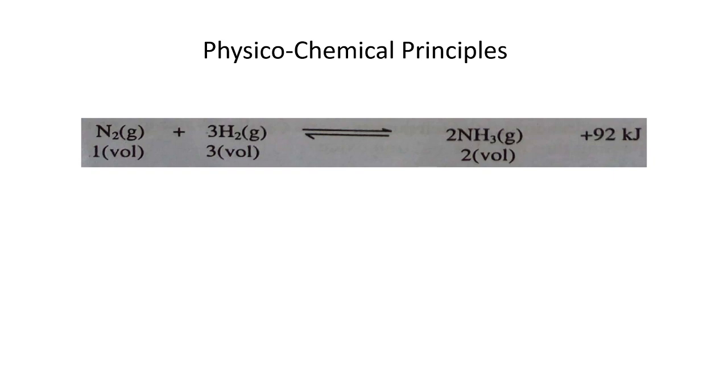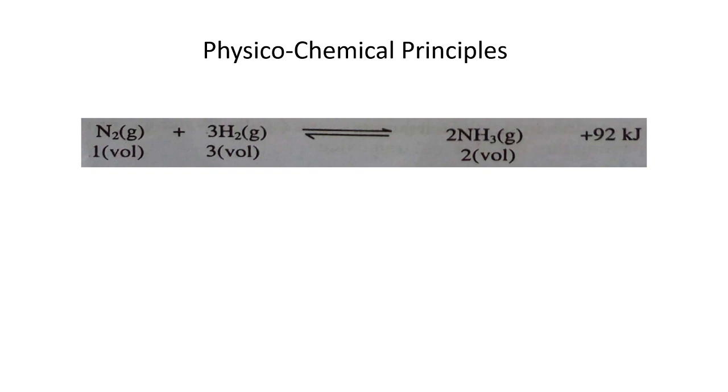Because the volume is shrinking, so increase in pressure will favor the forward reaction. Second, the energy is released as a product, so this is an exothermic reaction. If in this process you remove that energy, then the forward reaction will be favored. So these two factors are going to play the role while deciding the actual manufacture.